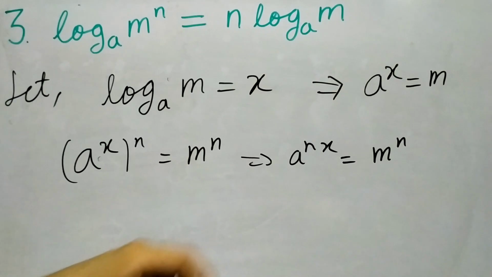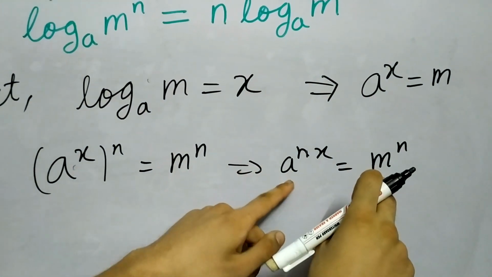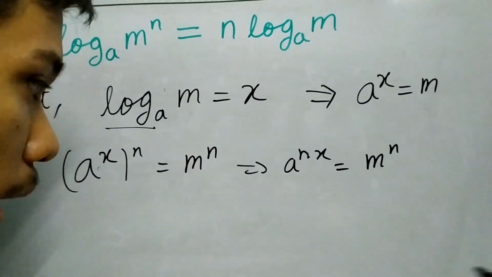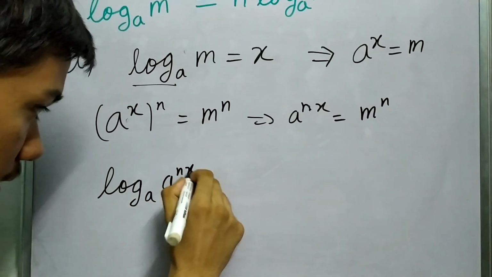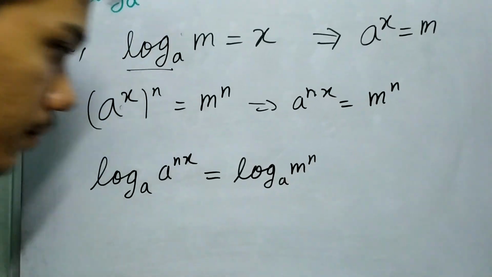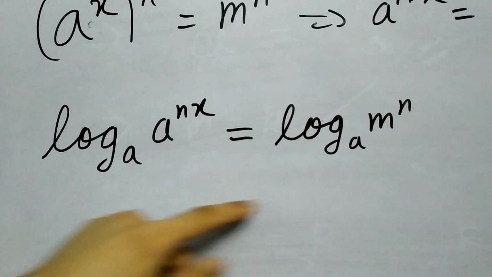Obviously. And now here's an important step. We take log base a on both sides. What do I mean? I mean this part: log base a of a to the nx is equal to log base a of m to the n.